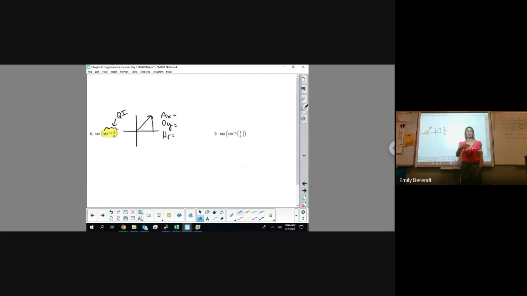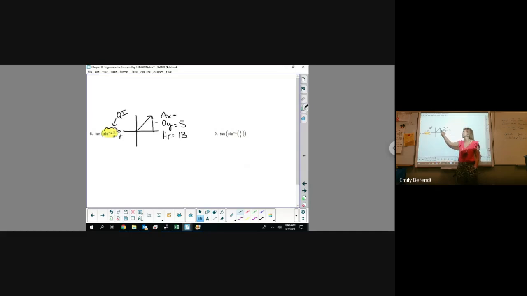Because it's sine and they give you the ratio, the 5/13 represents the opposite over the hypotenuse. So your opposite is 5. Your hypotenuse is 13.